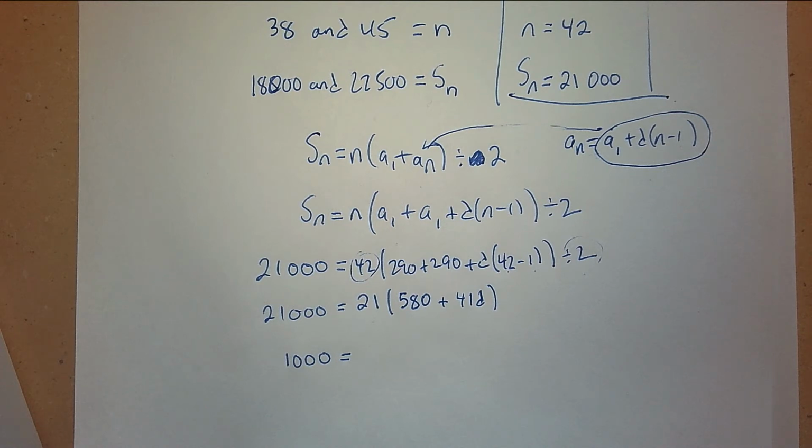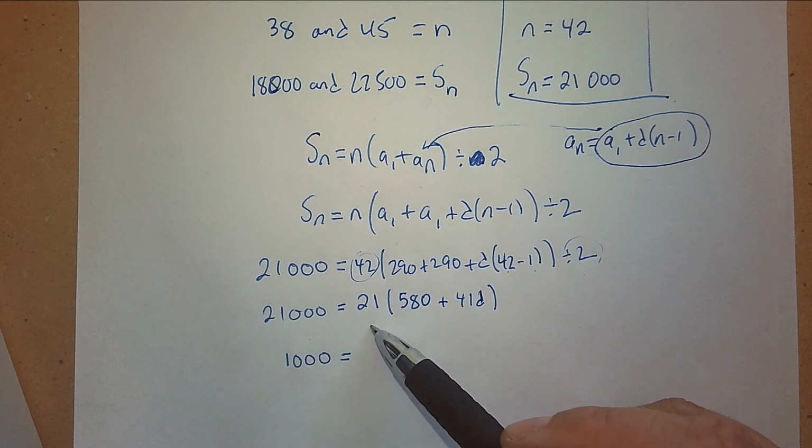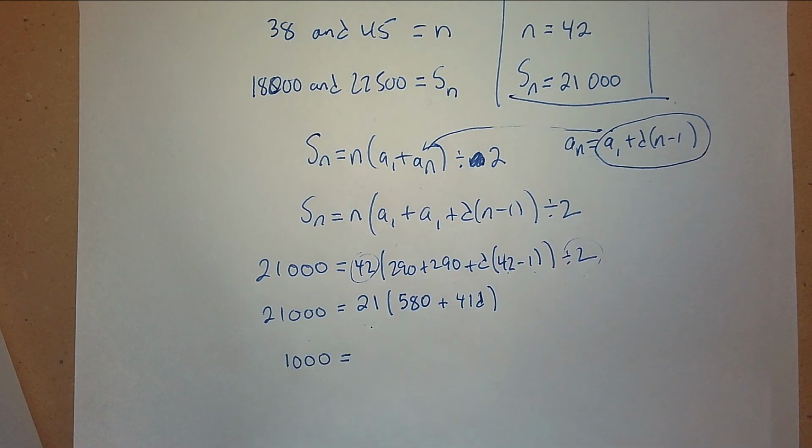Our D is going to be a whole number. Do you know where I got 1,000 from? 21,000 divided by 21. What are your numbers that you're going to divide? When you go shift equals, can you round to a whole number? If you can't, come to my desk. I'll help you with rounding.